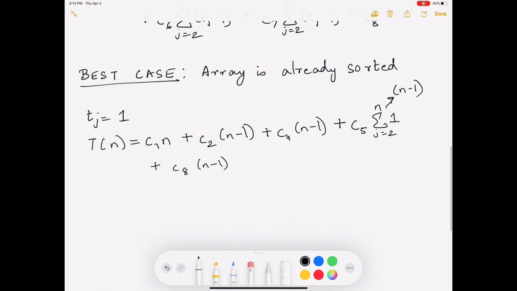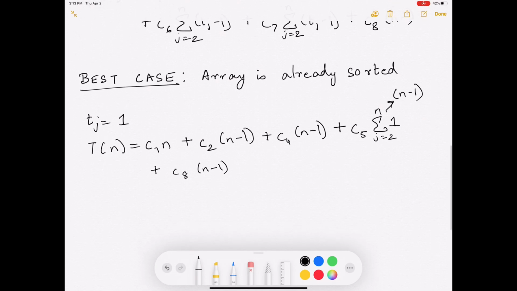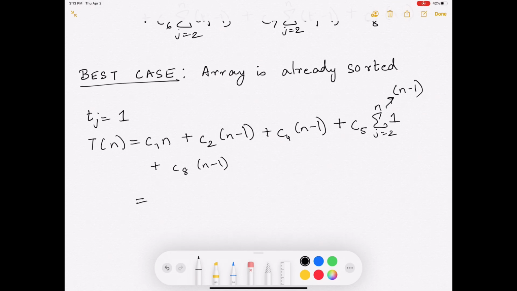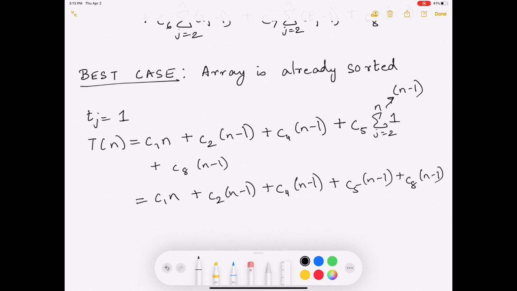So it's going to be a bunch of linear terms: C4(n minus 1) plus C5(n minus 1) plus C8(n minus 1). So it's going to be linear in n. So you can write this as an plus b, where a, b are constants.